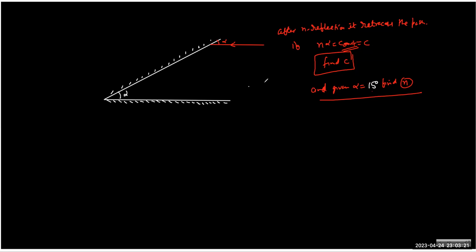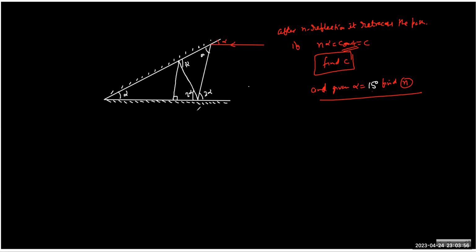So what is the condition for retracing the path? It should be incident normally onto a mirror, any one mirror. So let's say I consider this reflecting like this, taking 150 degrees. So this is alpha, this is also alpha. Now, if this is alpha, this is 2 alpha. After the second reflection it is 2 alpha, after third it will be 3 alpha, and so on till it becomes 90.